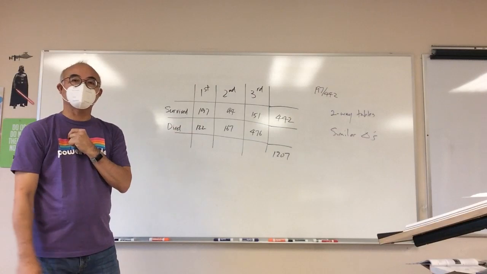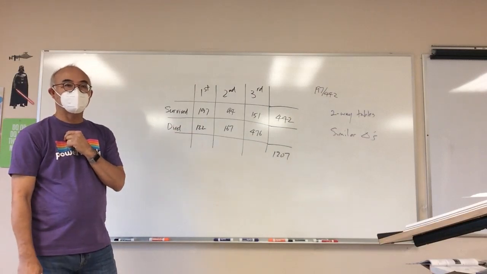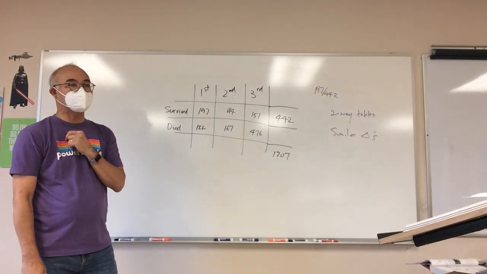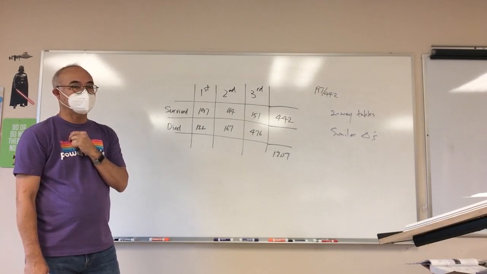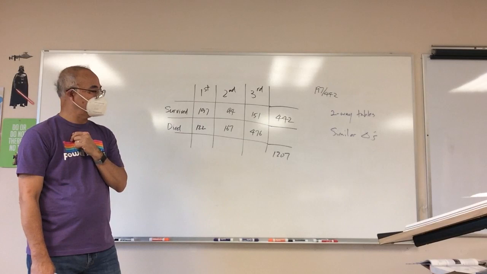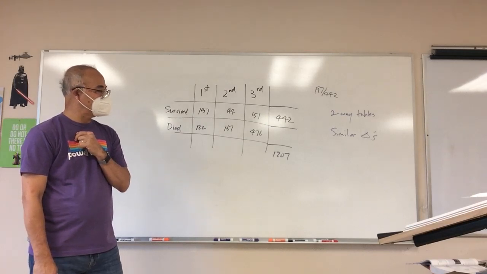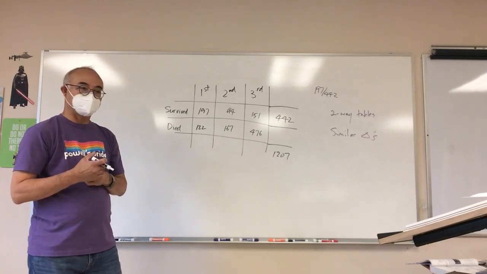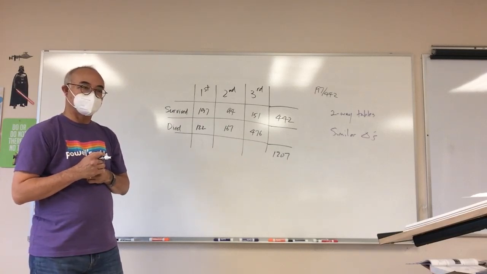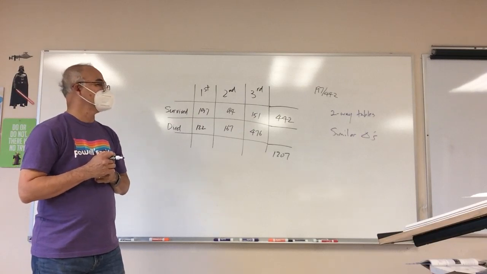If you were in third class, what is the chance that you died? It would be 476 over the total of the third row. Or it would be the other way around. 476 over 150.